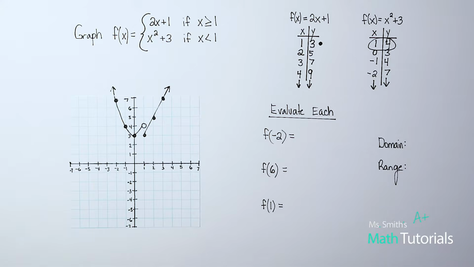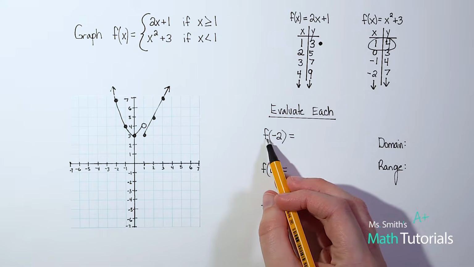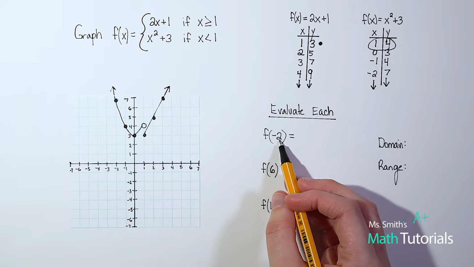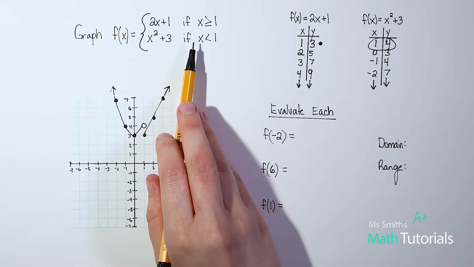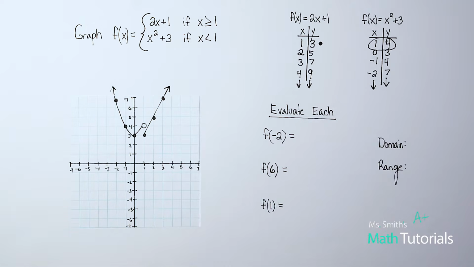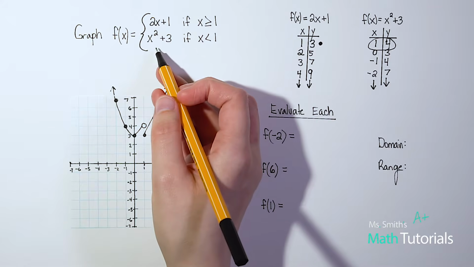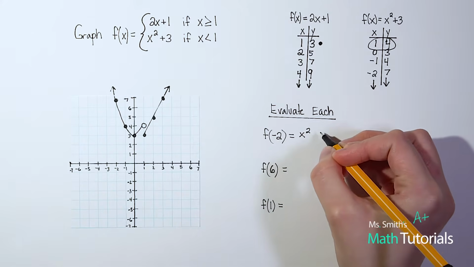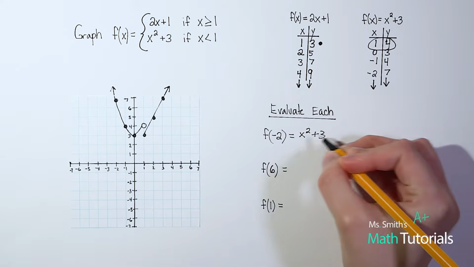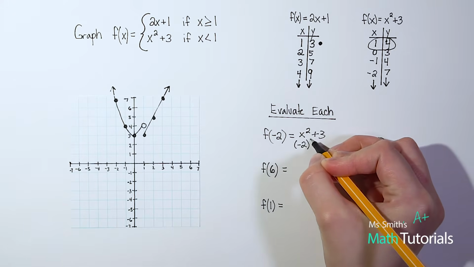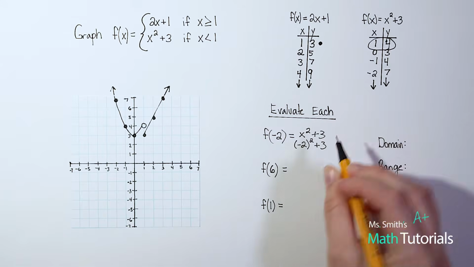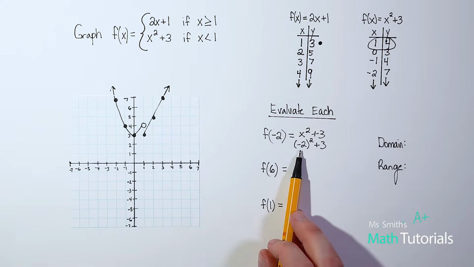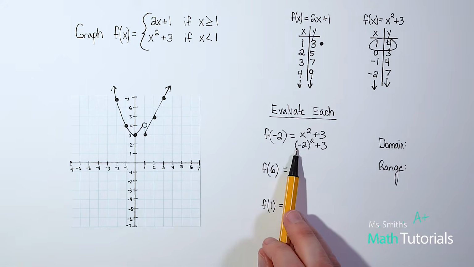So at this point, we're ready to go ahead and evaluate. So when we want to evaluate f of -2, that would fall into our x is less than 1. We'd want to use that second equation. We're going to use the x squared plus 3. And instead of x, we're going to put in (-2) squared plus 3. I cannot emphasize enough how important those parentheses are.